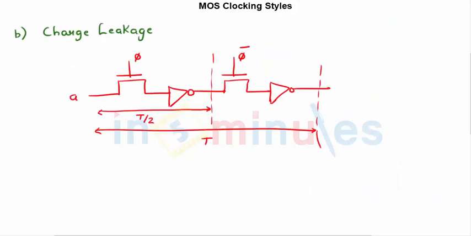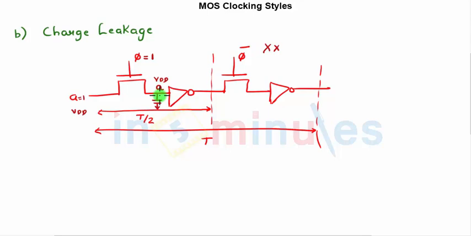Let's see if there are any other drawbacks. The other drawback is the problem of charge leakage, which again we have covered extensively in this entire module. In brief, when phi is equal to 1, this is on, so A is coming here. Remember there is a capacitance present here. At that point of time this is off. Let's assume that A was 1 or VDD, so there was VDD at the capacitor here.